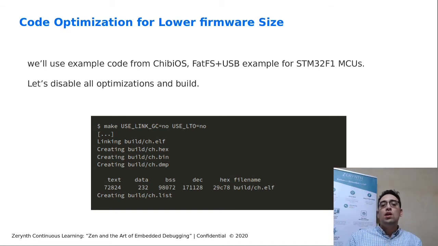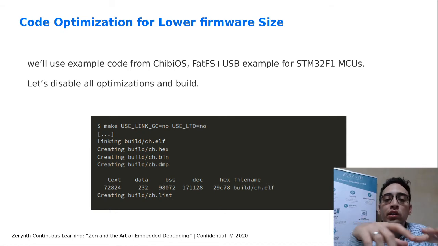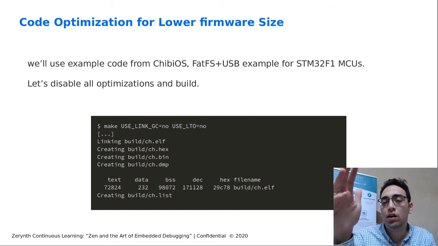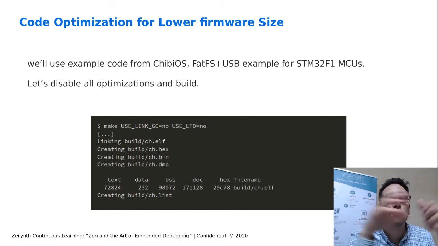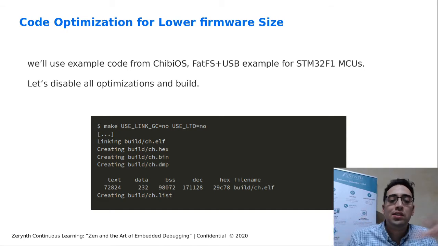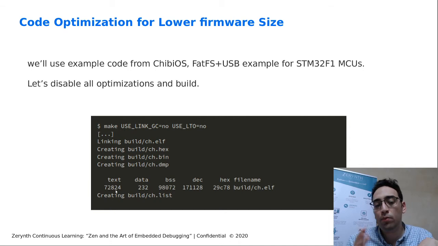So we are going to pick an example, run a bunch of options, and see how the code size reacts to these options. We are going to use the FAT/FS USB example from ChibiOS for STM32F1 microcontrollers. Let's disable all optimizations and build, and we end up with a hex file that is comparable to 7273 kilobytes.